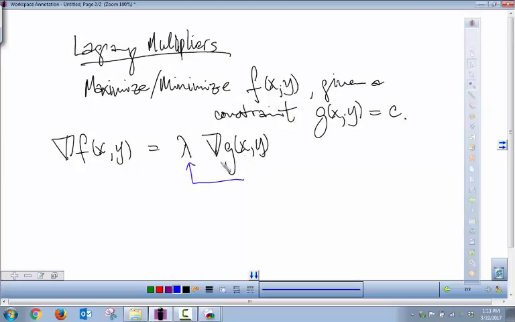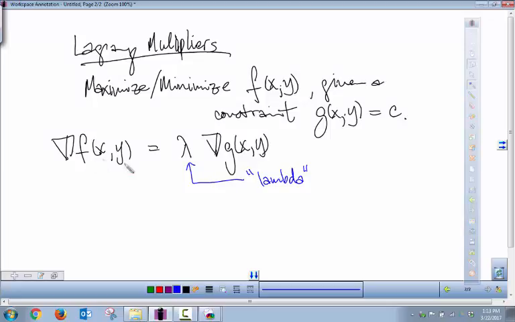And the scalar that they use is a Greek letter called lambda, which is L, stands for Lagrange, and this is your Lagrange multiplier. Okay? So what you're going to end up here is 3 equations and 3 unknowns.